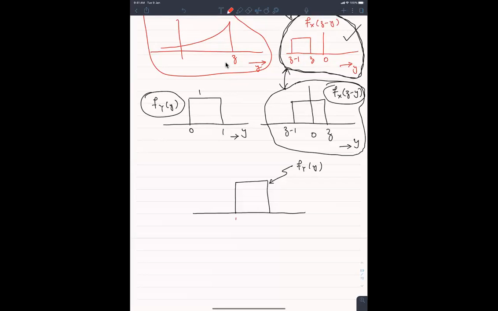So this is 0, this is 1, this is y, and this is z, this is z minus 1. This guy is fx of z minus y, ठीक है.